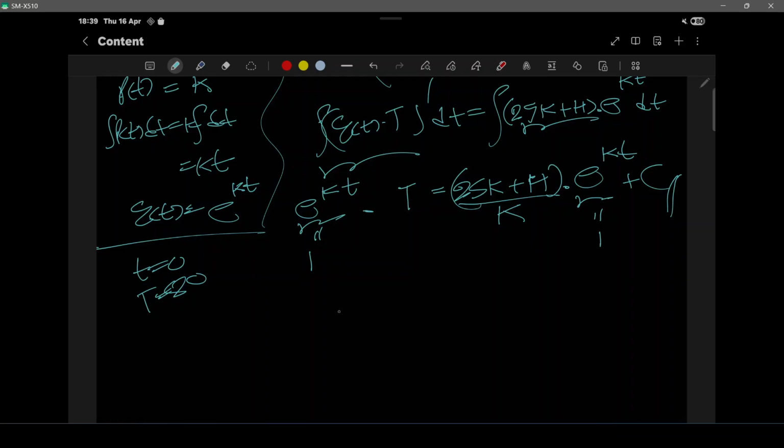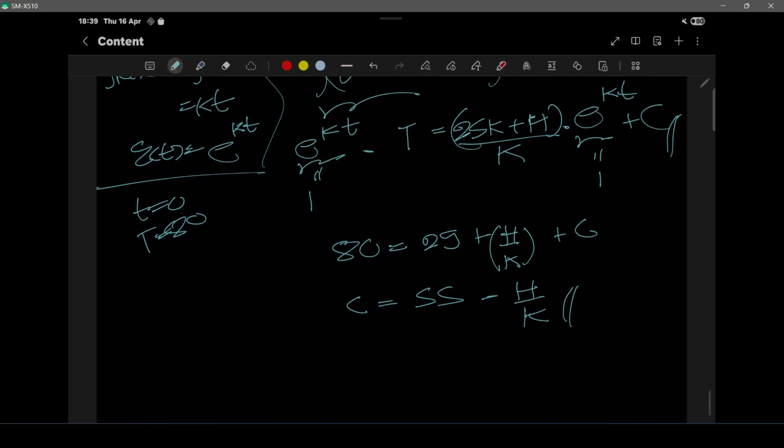So T is equal to 80. So 80 is equal to 25 plus h over k plus C. So C is equal to 55 minus h over k. Yes, this is as far as we can go.